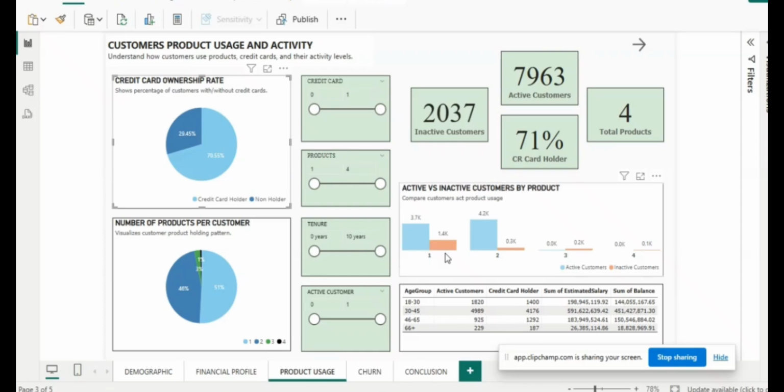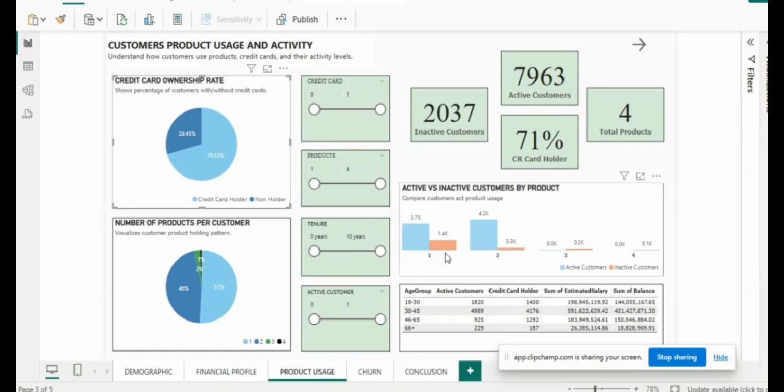And we can see the number of inactive customers in the second one and the first one. From this visualization, as you can see here too with the 1%, the bank needs to work more on their third and fourth products in order for customers to keep subscribing to them.